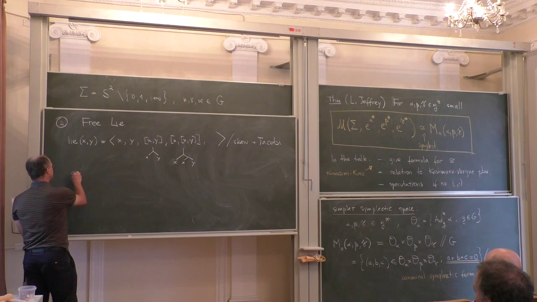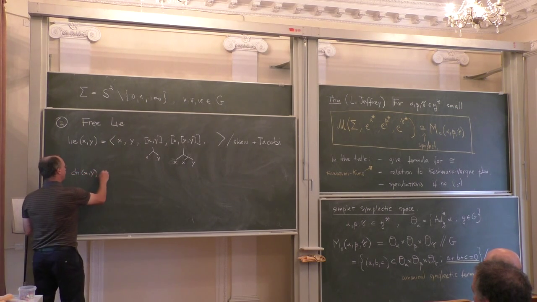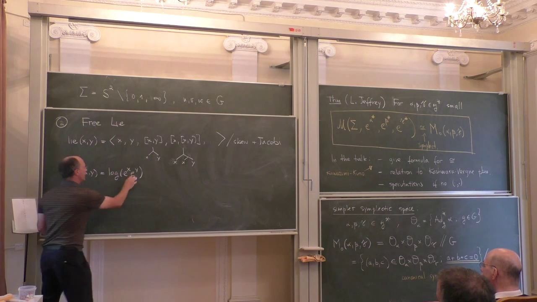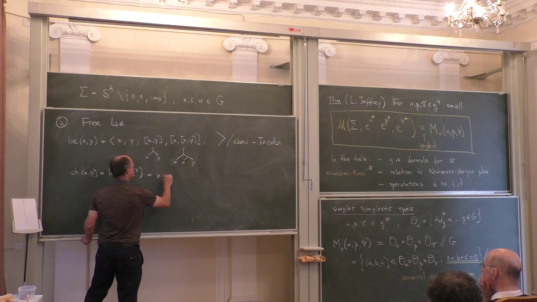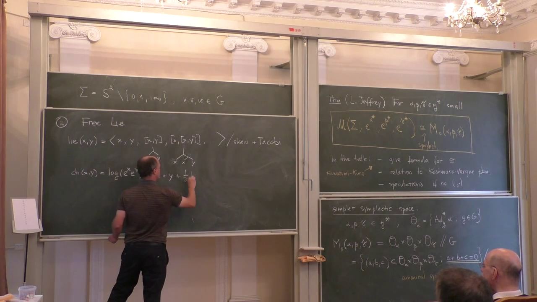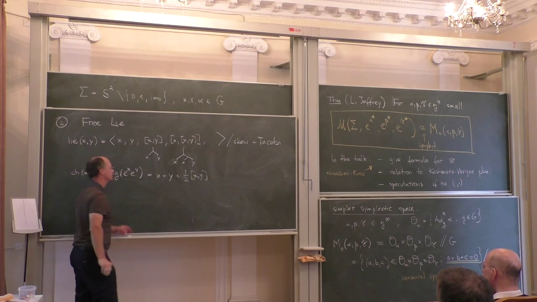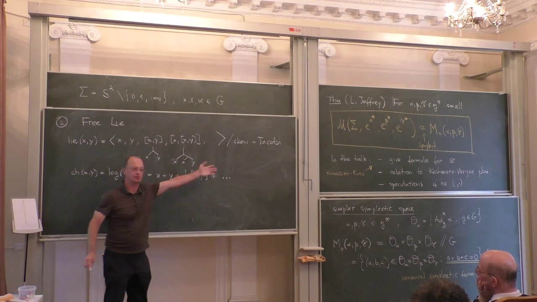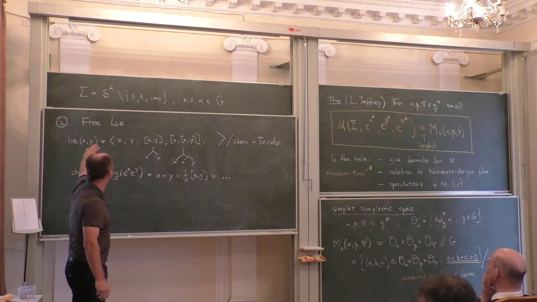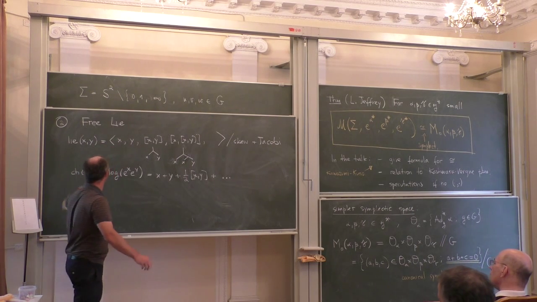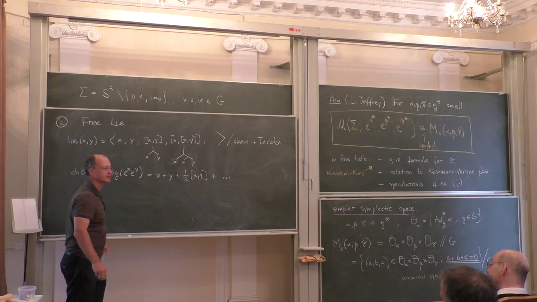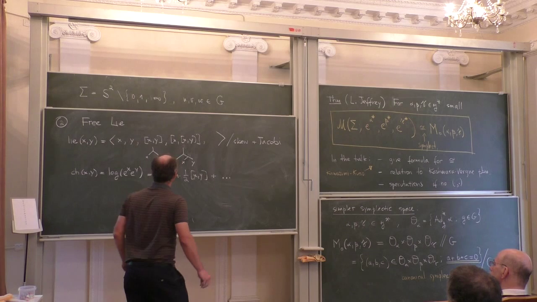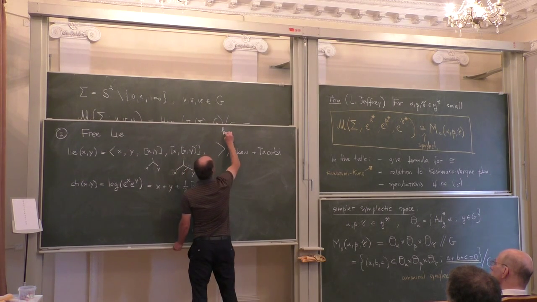In particular, there is a distinguished element in this free Lie algebra with two generators, log of e^x e^y, which is the Campbell-Hausdorff series. It starts with x plus y plus one half of the bracket of x and y, and then it continues indefinitely. So strictly speaking, one should speak of a degree completion of this Lie algebra to accommodate this element. So you are considering algebras of any field characteristics? Yeah, all field characteristics. That's right.